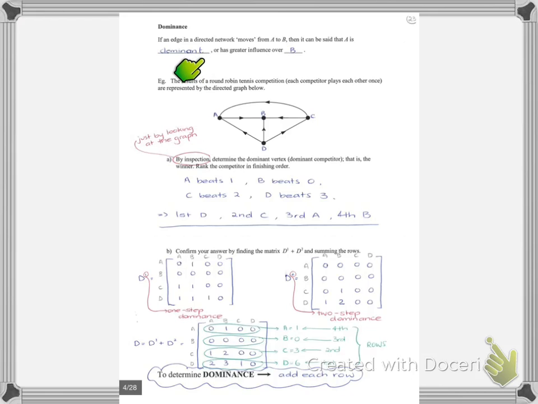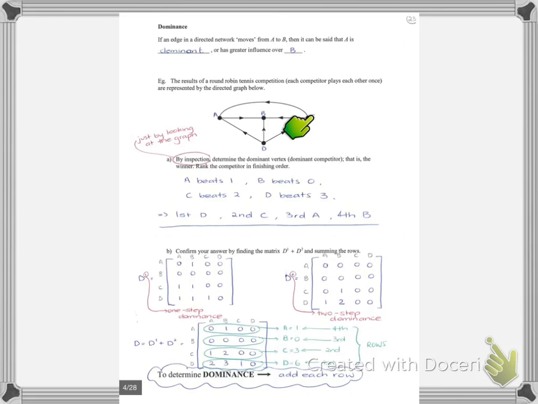Now, dominance and reachability are really 2 sides of the one coin. Look, if an edge in a directed network moves from A to B, then it's said that A is dominant or has greater influence over B. So if we look at the results of a round-robin tennis competition down here, one of the things we notice is that C is dominant over A. And likewise, that means A is reachable from C. So dominance and reachability are really just the same thing but from a different perspective.